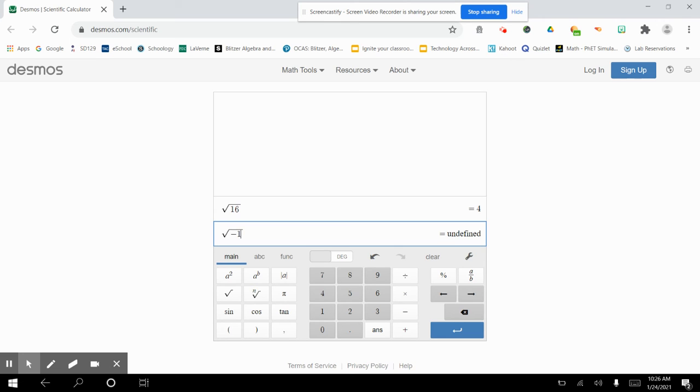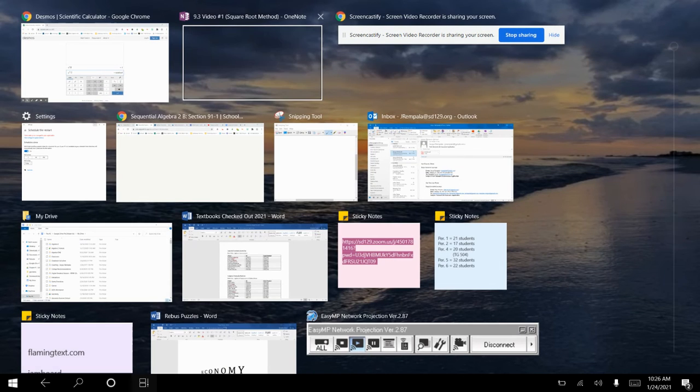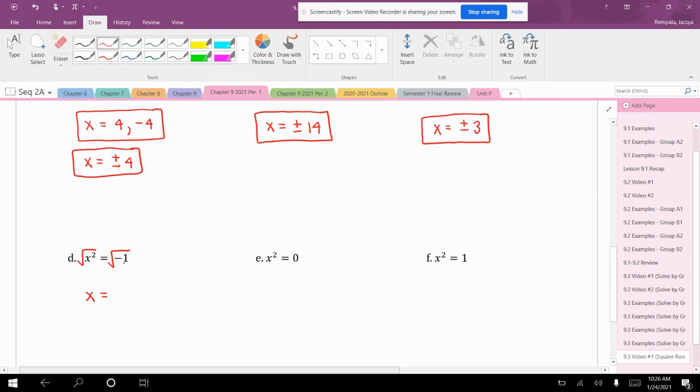Okay, so there is a reason for this. Notice how this is the first time we have a number that is negative underneath the square root. So when that happens, you're going to get an error, whether it says domain error or it says undefined. We cannot have negative numbers under a square root. That will not give us a real number.